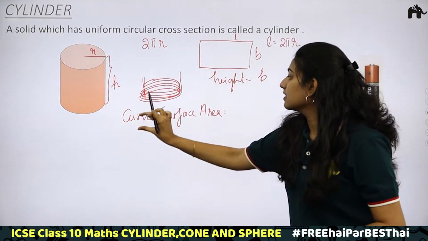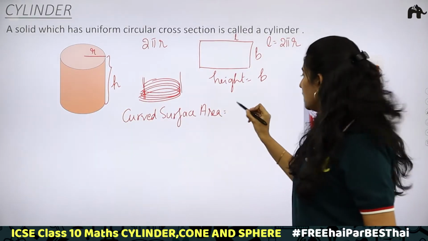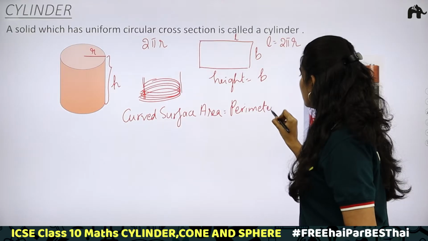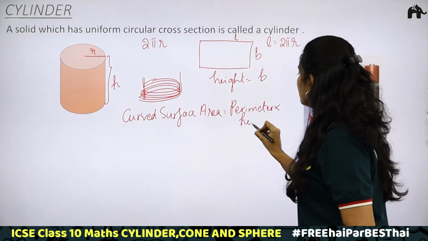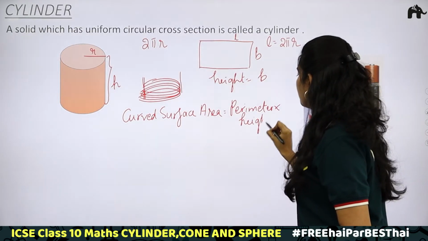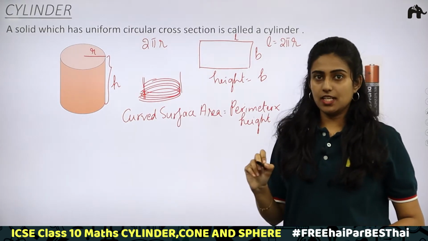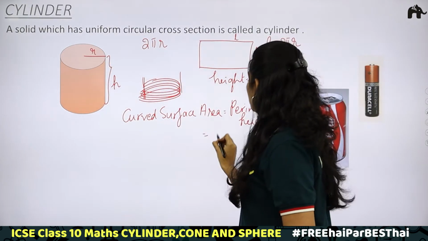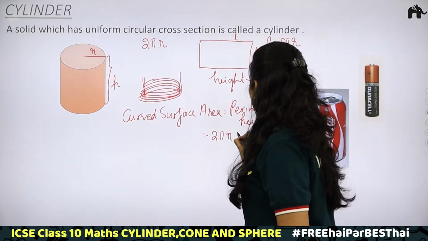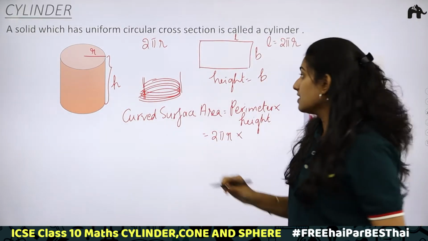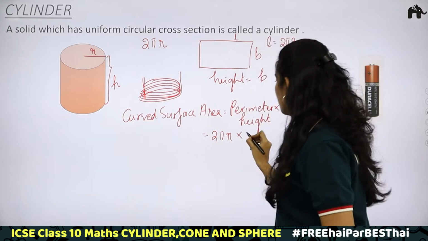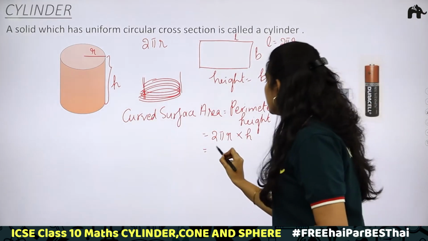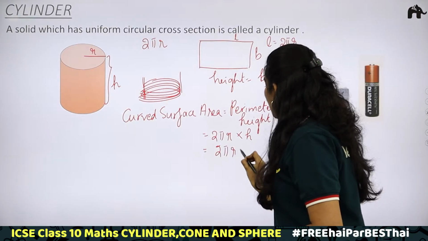Therefore, the curved surface area is equal to perimeter into height. So what is the perimeter here? 2 pi r is the perimeter. 2 pi r into height h. Therefore, the curved surface area of a cylinder is 2 pi r h.